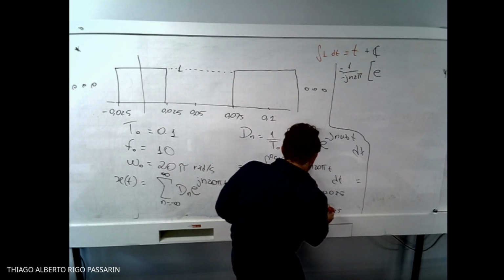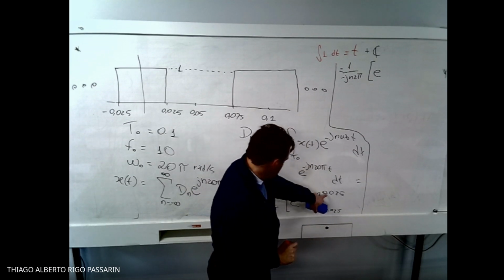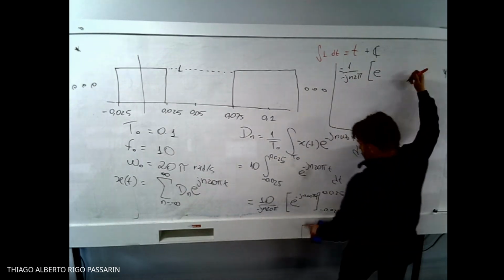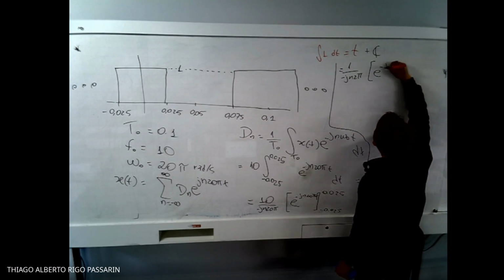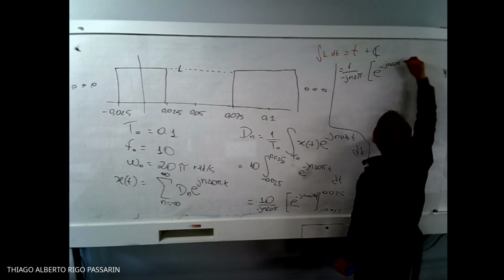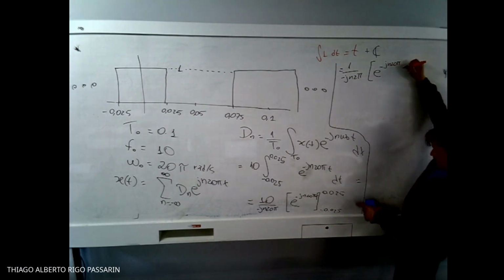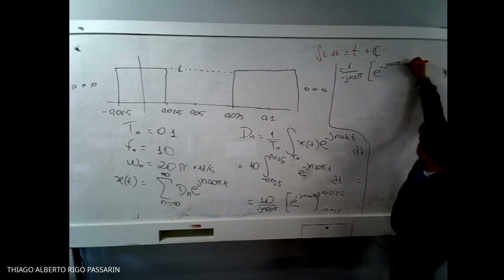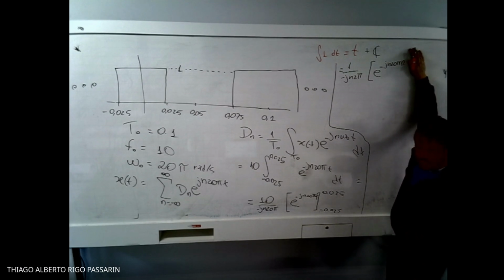What did I miss here? The t, right? Here t will be this: e to the minus jn 20 pi, where t will be 0.025. What is 0.025?